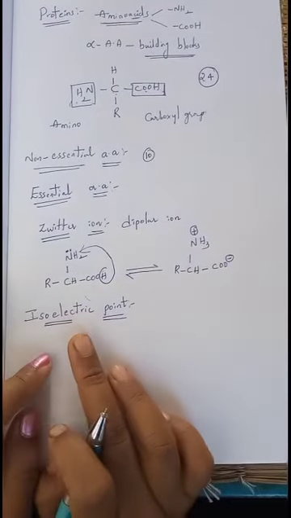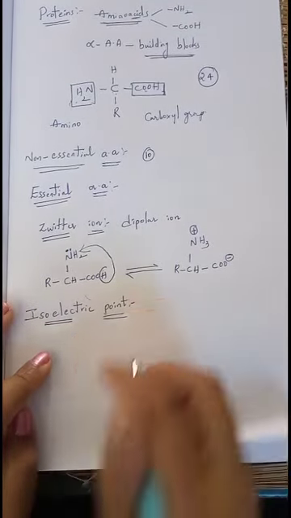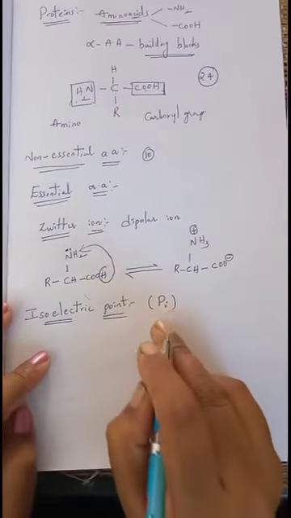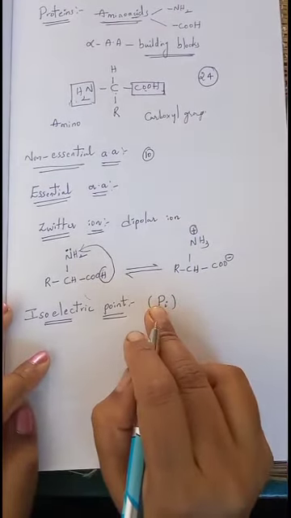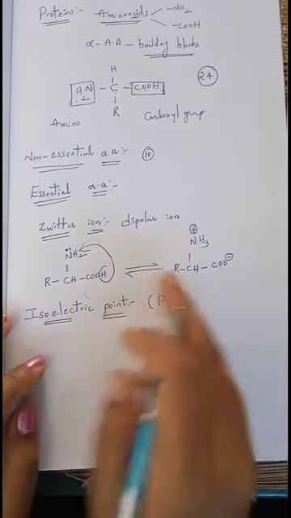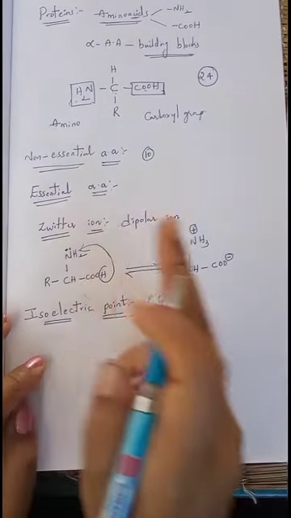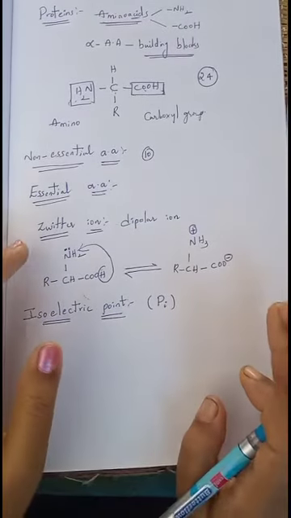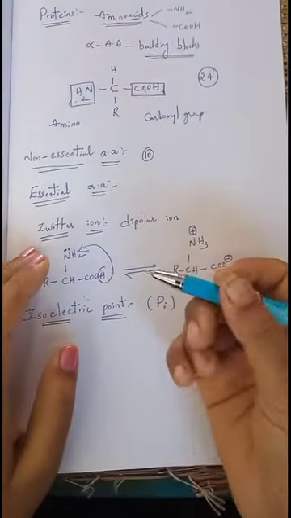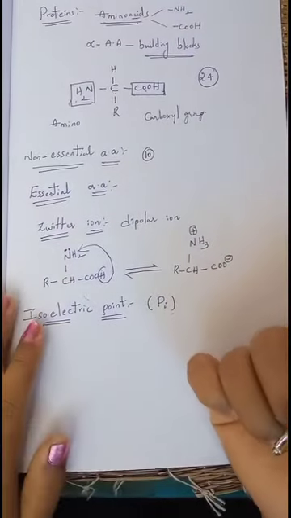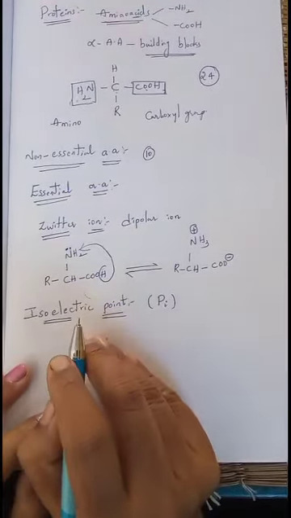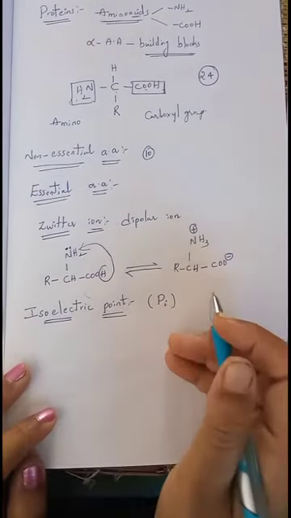Now we will discuss what this isoelectric point is. The isoelectric point is indicated by the symbol pI. The pH at which an amino acid does not migrate towards any electrode, neither towards the cathode nor towards the anode, is called the isoelectric point.